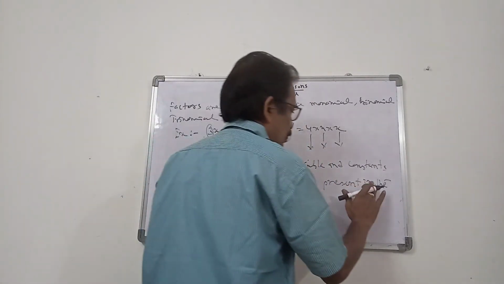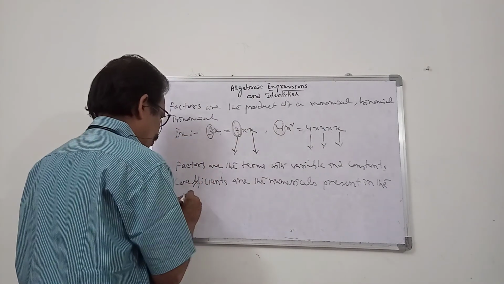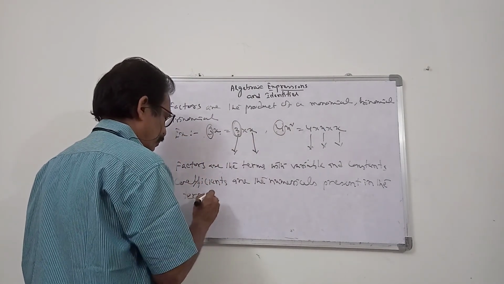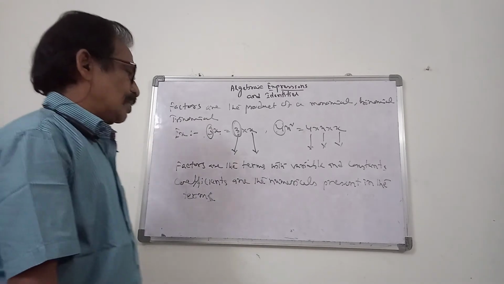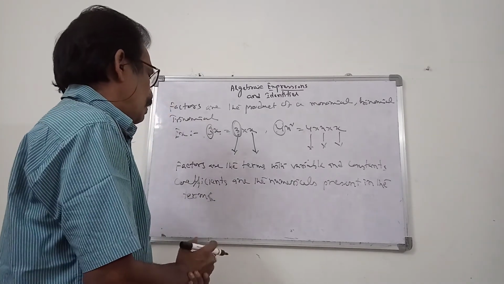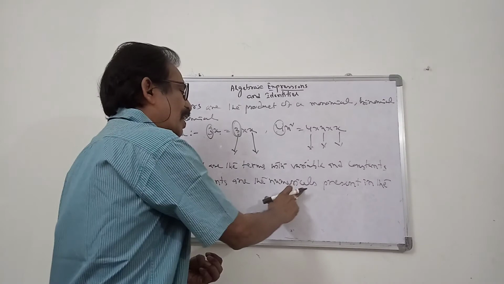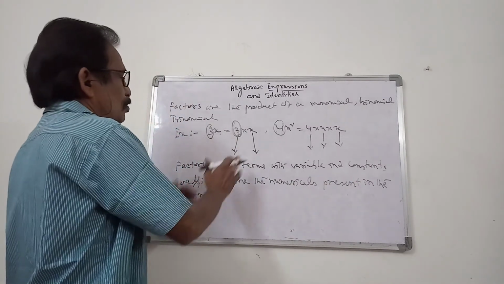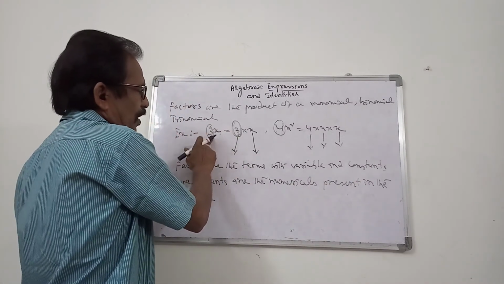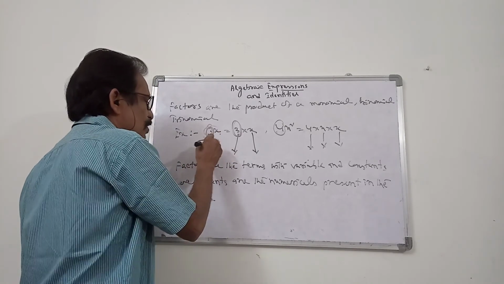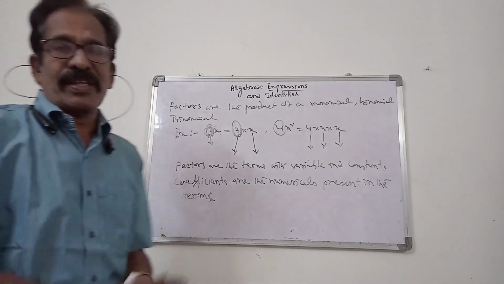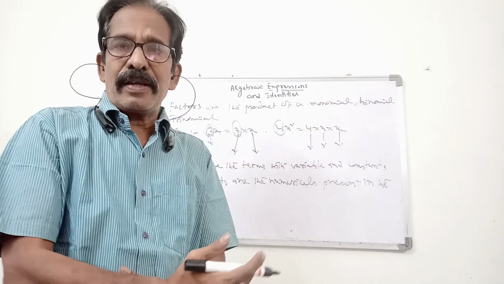In the term 3x, the 3 is called the coefficient. Okay, very good.